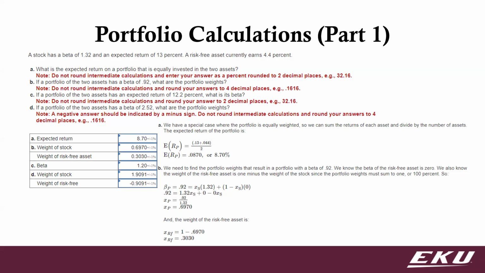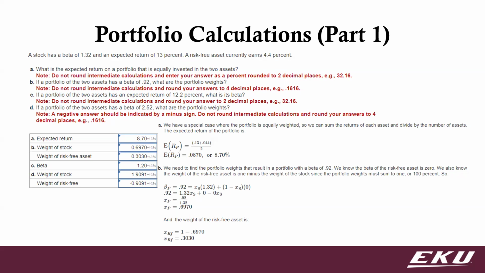For B, what we're going to do is say, okay, what would the beta need to be, right? We know it's 0.92, right? And so if I know that my stock has a beta of 1.32, and then obviously my risk-free asset has no beta, right? Beta of 0. Then all I'm going to do is take the 0.92 or the 2.52.